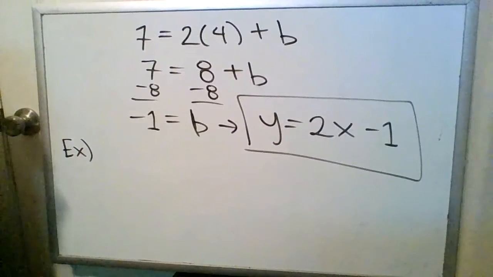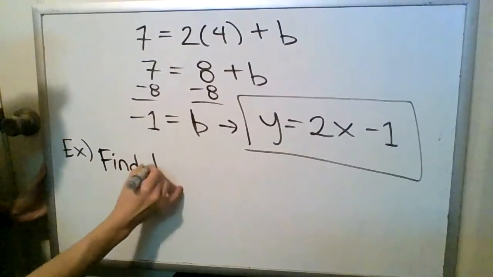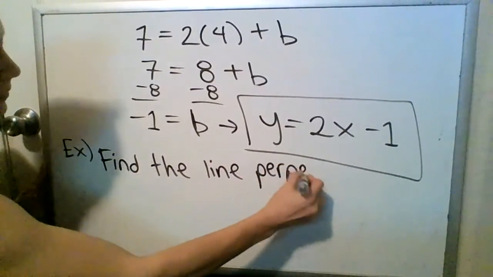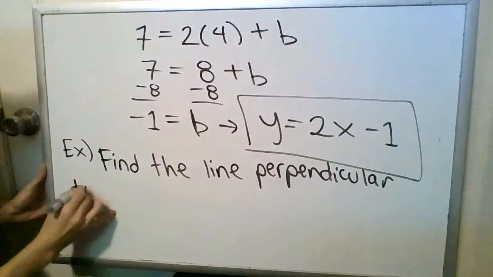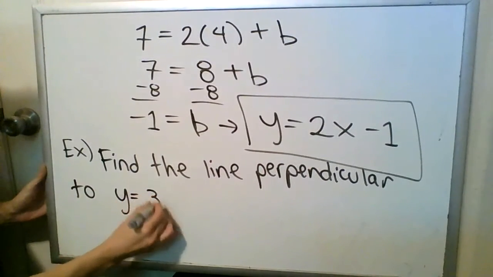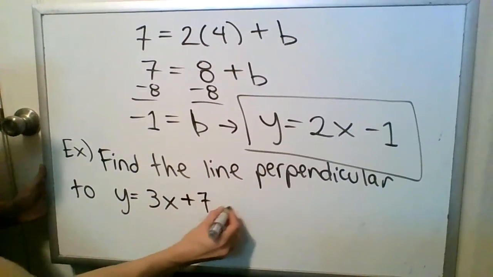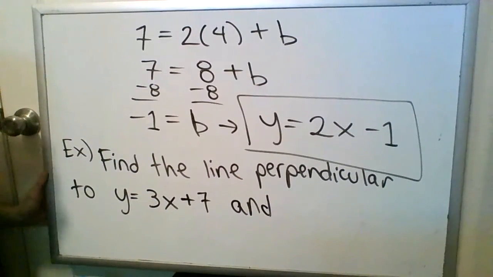Okay, find the line that is perpendicular to y equals 3x plus 7 and goes through 0, 9.